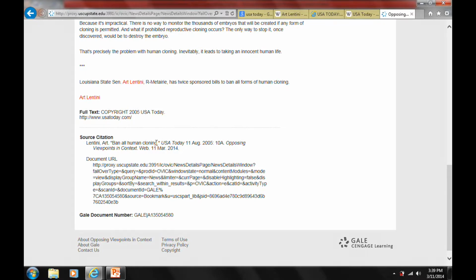However, please remember that it still needs to be in Times New Roman 12-point font, and a lot of times when you copy and paste it, it won't be in the right format. Remember that this second line has to get tabbed over. So just know that if you copy and paste it, some of that formatting might get messed up, and you'll need to go in and fix it.